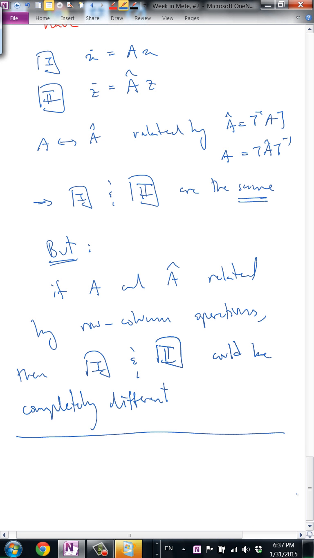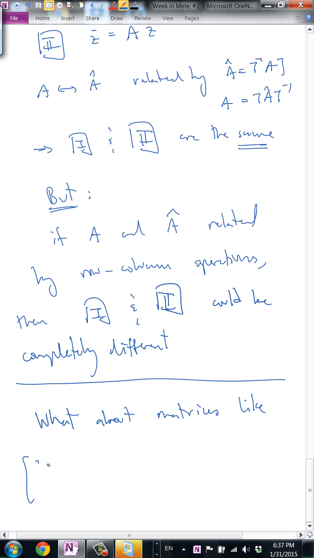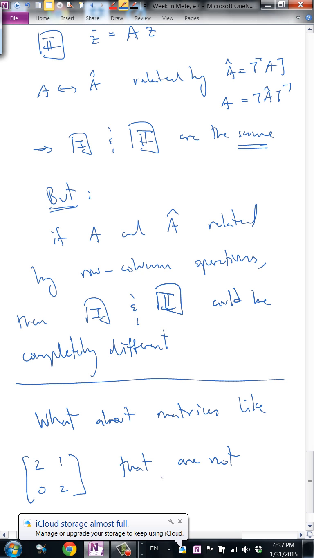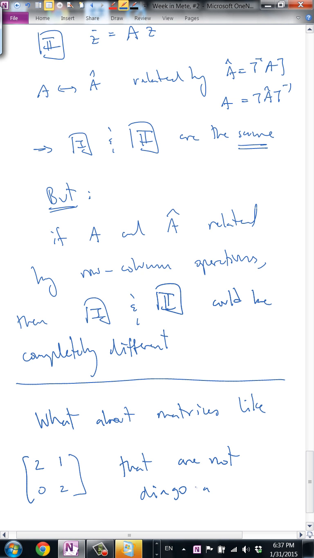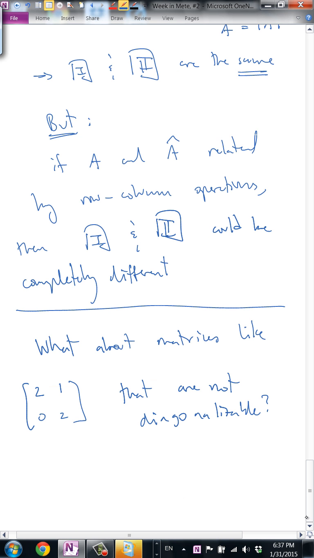All right, so finally, this raises the question of non-diagonalizable matrices. So what about matrices like the one that I gave in class, which we showed is not diagonalizable? And for this, we had to introduce this concept of Jordan Canonical Form.